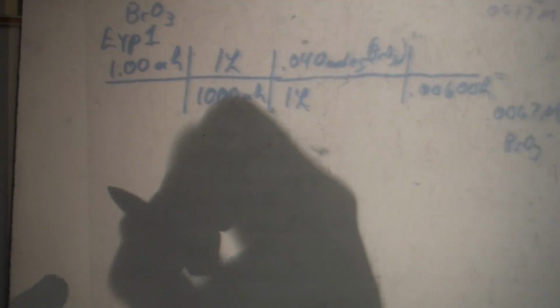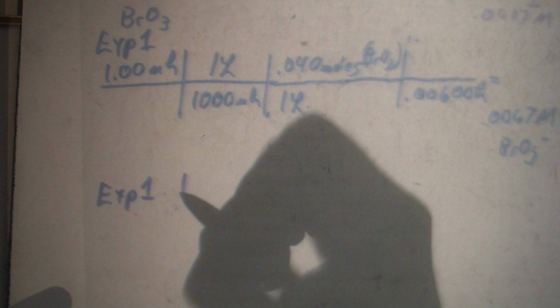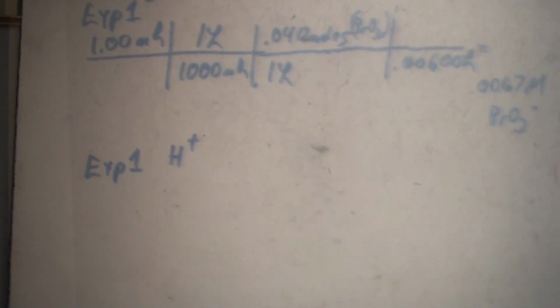So now I got to calculate the concentration of the acid. All right, go back to our experiment 1. H plus. How much did we have? 1 mil, 0.1 molar.